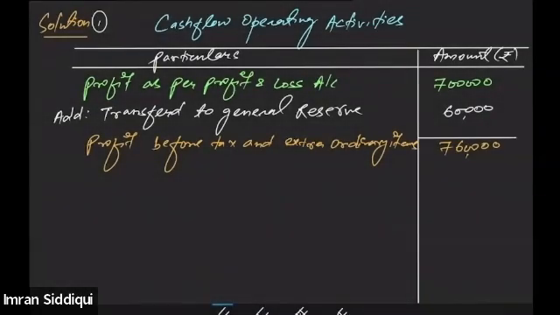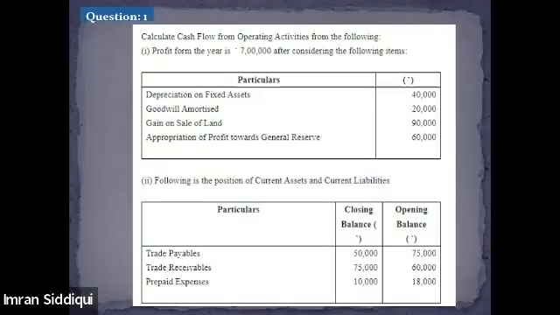All right. Now, all other extraordinary items that have been earlier subtracted to determine the profit, you have to add those extraordinary items like depreciation on fixed asset, goodwill amortized, gain on sale of land. Out of these, goodwill that has been amortized is basically an extraordinary item.